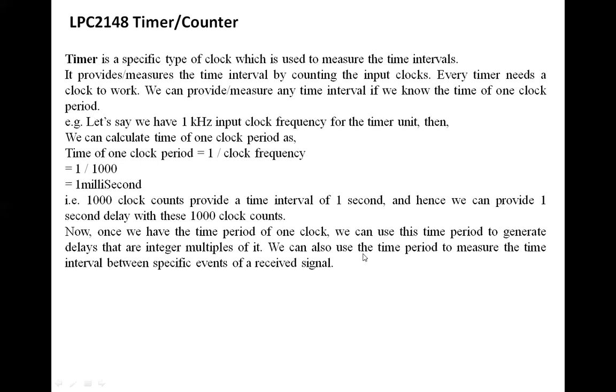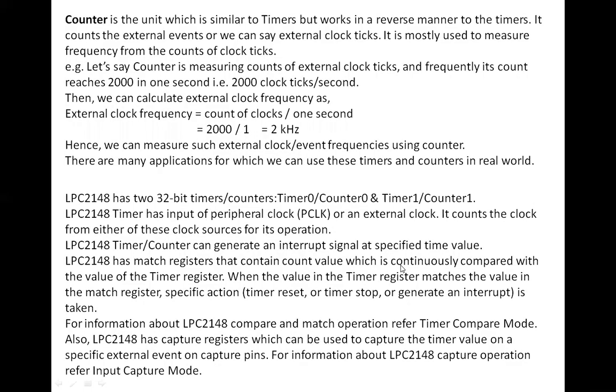The second thing I want to tell you is that we can also use it as a counter. A counter is a unit similar to the timer but works in reverse manner to the timer. It counts external events, or we can say external clock ticks.